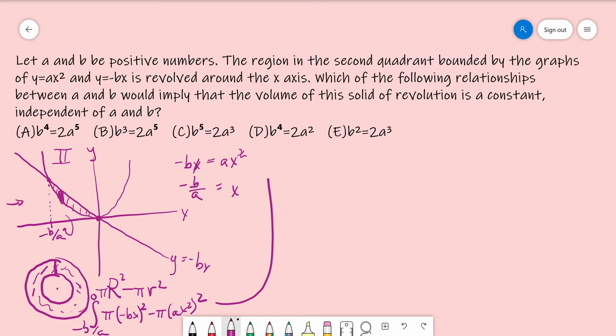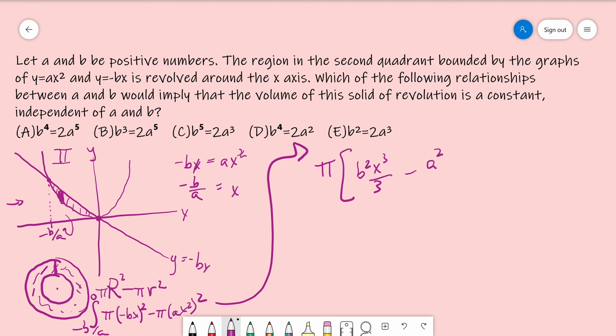Okay, so let's do this integral over here. We've got the integral from negative b over a. You know what, let's just do the integral. We can factor out a pi, and we get the integral of negative bx squared. That's going to be b squared x cubed over 3 minus a squared.